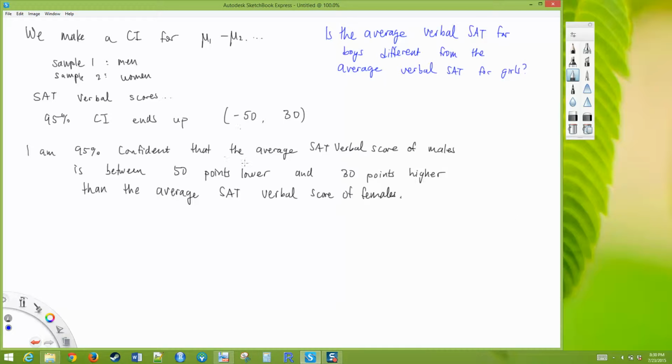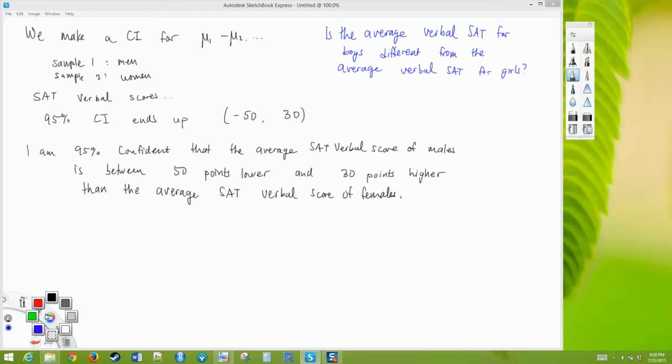Okay, so our confidence interval ends up being -50 to +30. So what is our answer to this original question? Would we say that it's like yes and no because it includes 0, but there's also evidence that there's a difference?